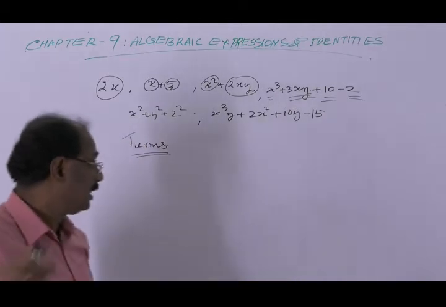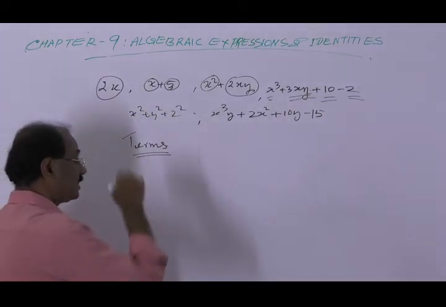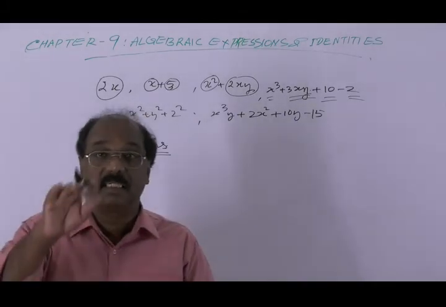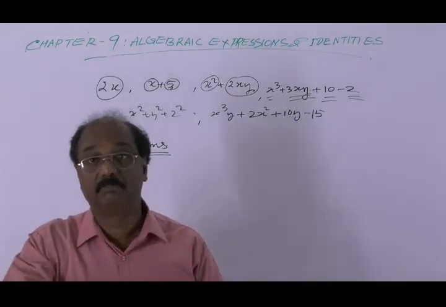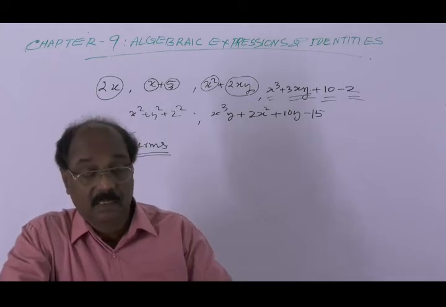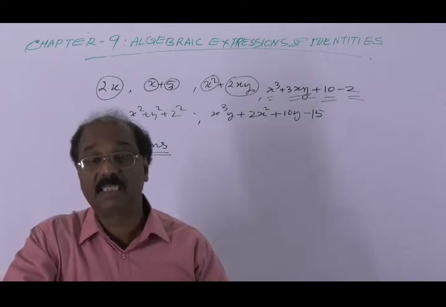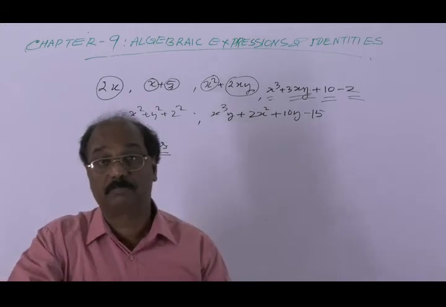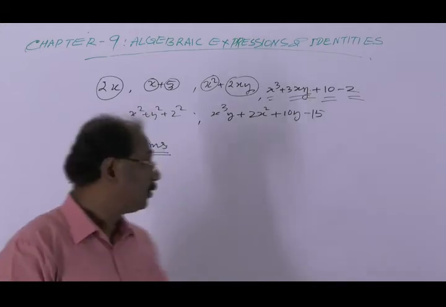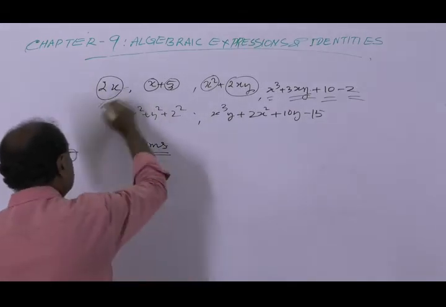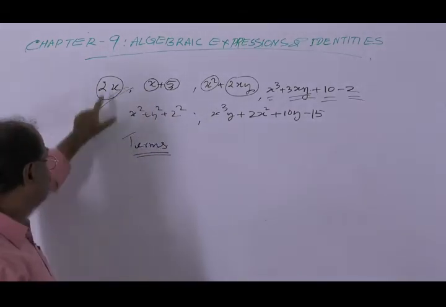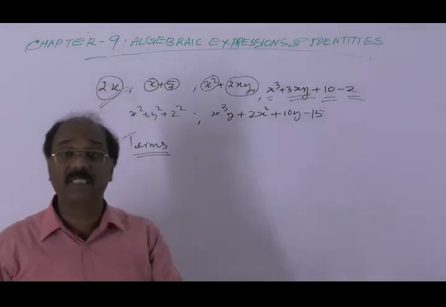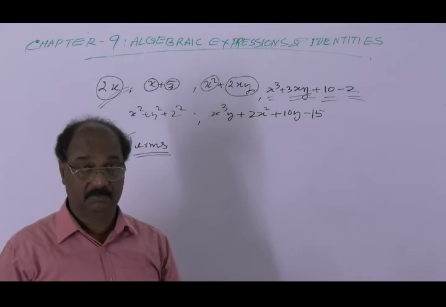And again, consider a particular term. The constant in the term is called the coefficient in the term, and the coefficient of the variable part. So here in this 2x, this 2 is the coefficient in the term and it is the coefficient of x.